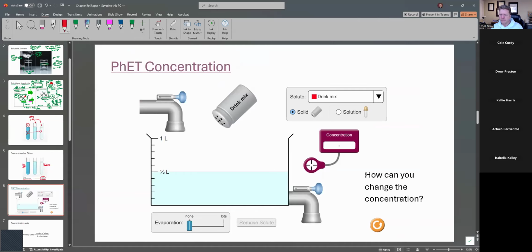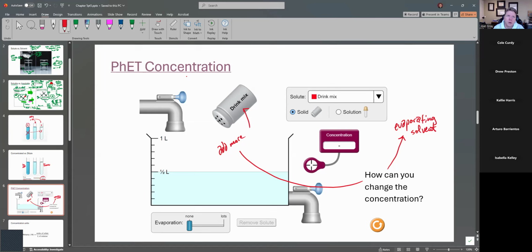Okay. So whenever it comes back to this right here, this question, how can we change the concentration of this solution? There's a couple of different ways. We could add more drink mix. The concentration could also change by evaporating the solvent. Evaporating the solvent would cause the concentration to go up.